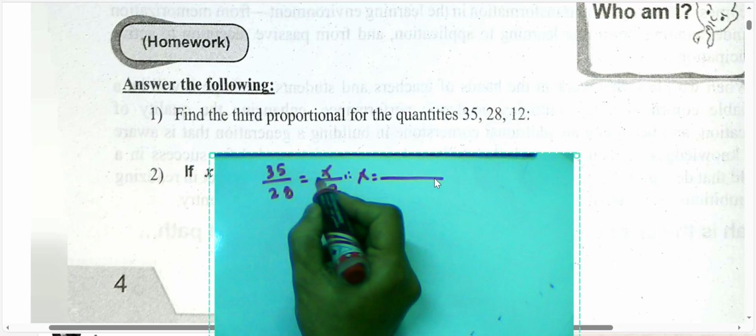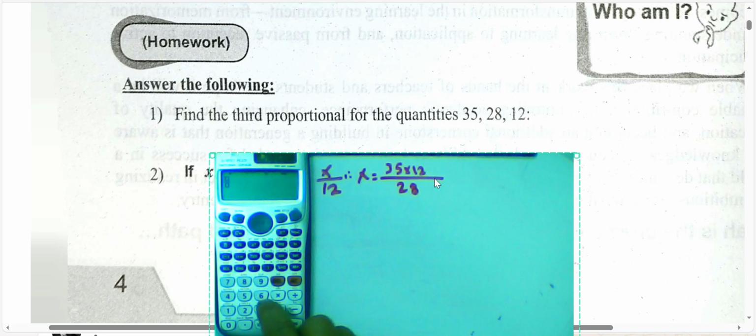Then x equals the product of extremes over the product of means: 35 times 12 over 28. Then the third will be 15.